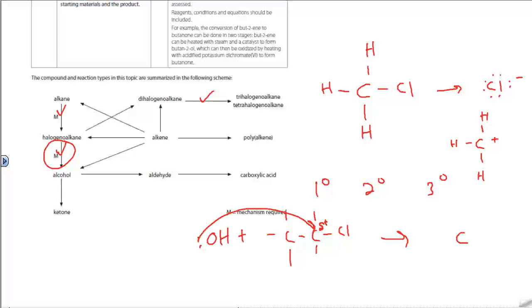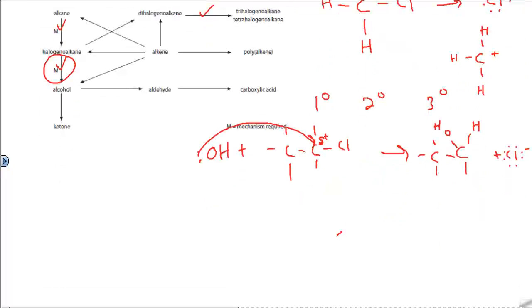This attacks here and bonds, so I'll draw it off kind of cockeyed just to show you that it's there. That chlorine, which was here in this location, has left, and there it is. So because there's two things involved, this is SN2.